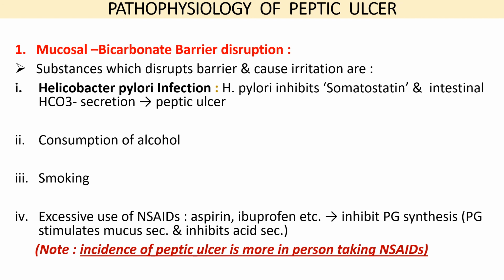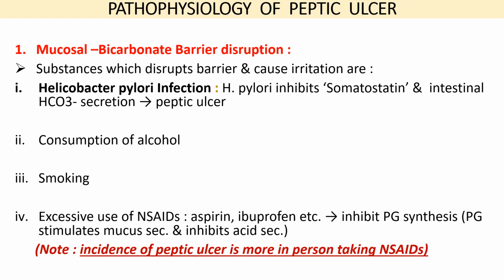Around 70% of patients with peptic ulcer have shown a history of chronic infection with H. pylori bacteria. This bacteria inhibits somatostatin and intestinal bicarbonate secretion and also releases certain digestive enzymes that liquefy the mucosal barrier, ultimately leading to formation of peptic ulcers.